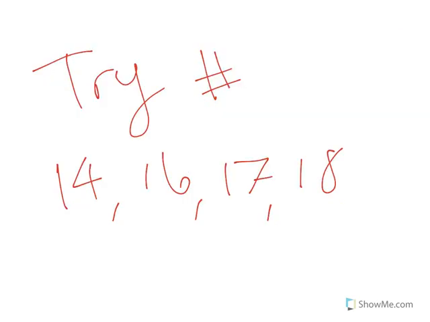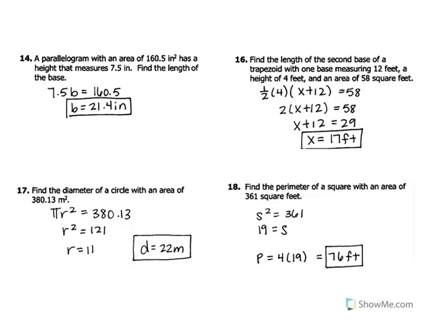Okay, now you are going to try numbers 14, 16, 17, and 18. This is what the answers to those look like, so check your work if you didn't get those answers and compare it to what you had. I'd say the one where you might have needed to check would be 18.